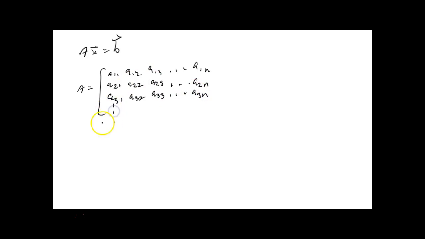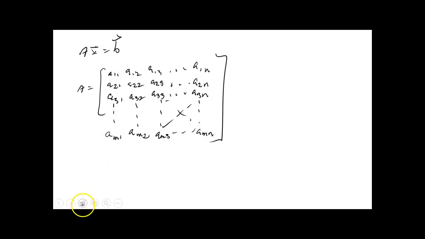And then dot, dot, dot, this down to AM1, AM2, AM3, dot, dot, dot, everywhere, even here, AMN. Okay, there's your A matrix, however big it happens to be.